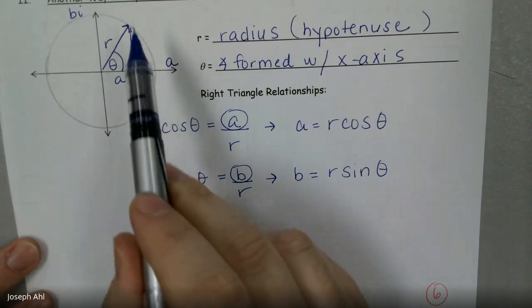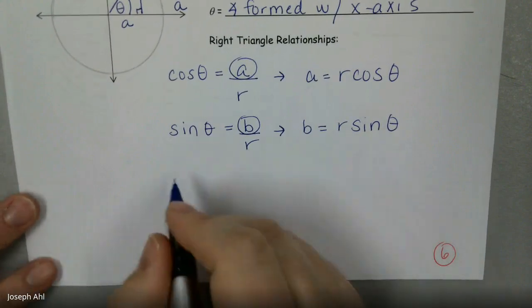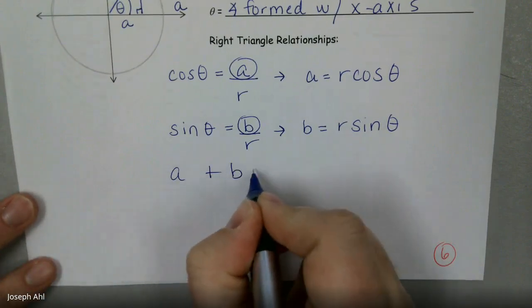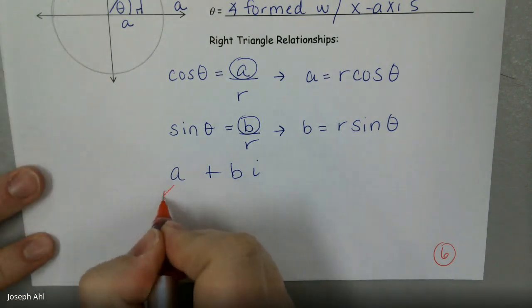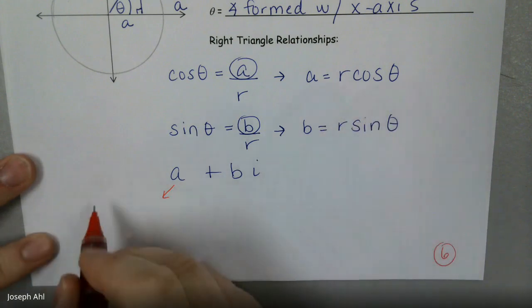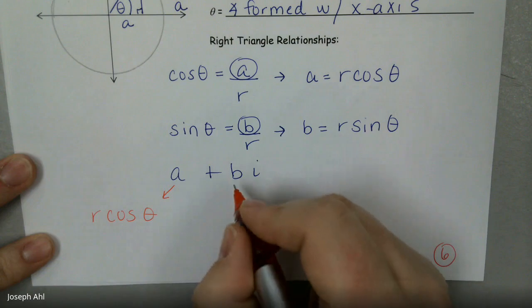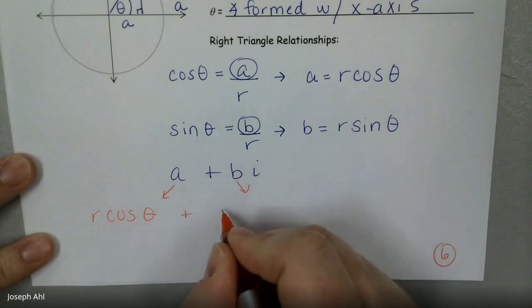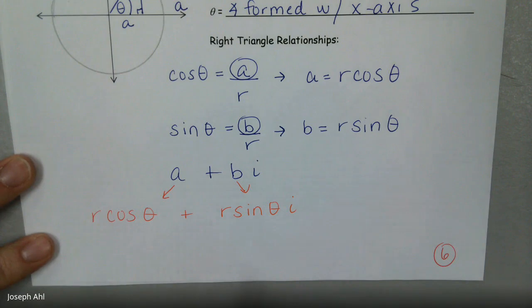Remember, a and b are the components of this complex number that was graphed up here. So if we have something in a plus bi form, we can replace a with the relationship r times cosine of theta. And similarly, we can replace b with r sine theta, and that's attached to the i.